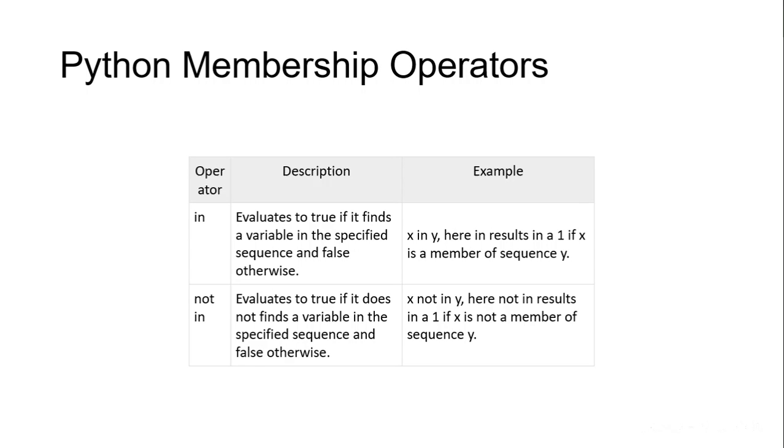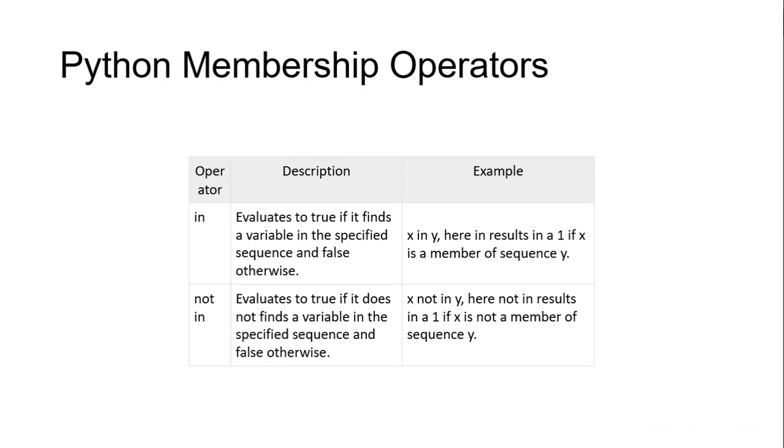After that we have the membership operators. A membership operator evaluates to true if it finds a variable in the specified sequence and false otherwise. So if we are checking for a value in a particular list or sequence, we can use the in operator to check whether the value exists in that list or sequence or not.